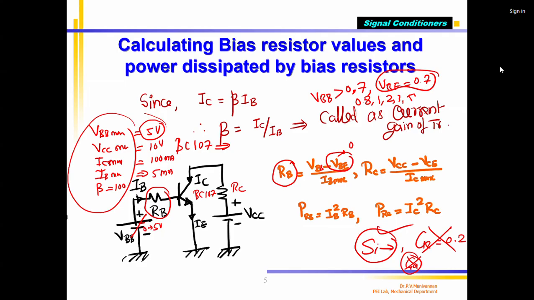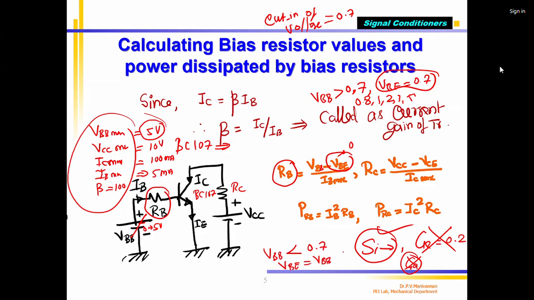For a transistor, the base to emitter conducting voltage, the 0.7 volts, is called the cut-in voltage. Note down, it is called the cut-in voltage of the transistor. That is the terminology. Is 0.7 fixed? That will happen only when the supply voltage is greater than 0.8 volts. When VBB is lesser than 0.7, VBE is equal to VBB.